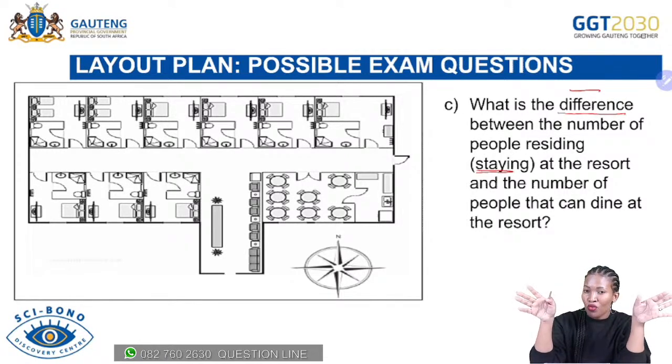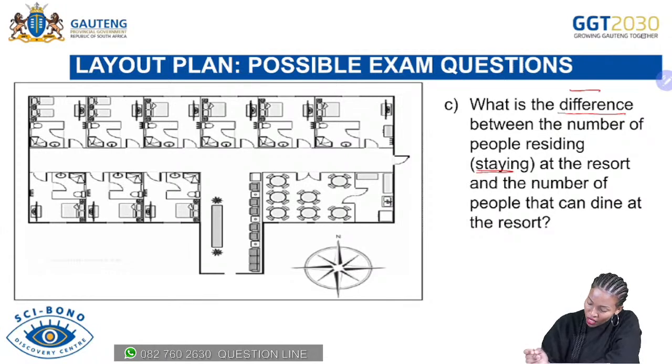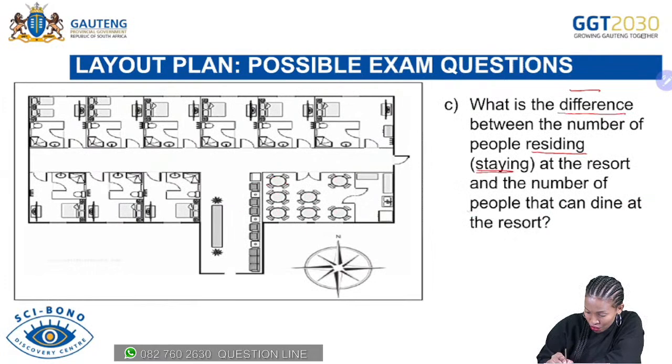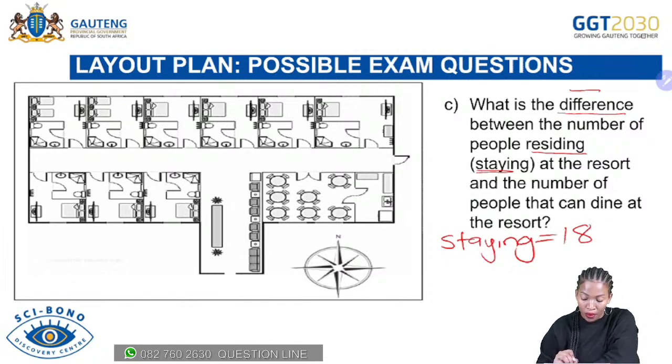To do subtraction. So remember, the number of people that are staying is those people that are sleeping at the resort. From our previous slide, we said there is 18 people that can be accommodated in the bedrooms. So let me say staying, it is a maximum of 18 people.